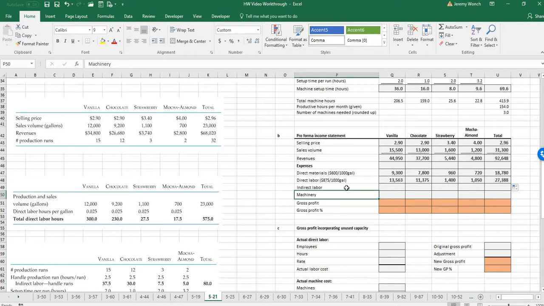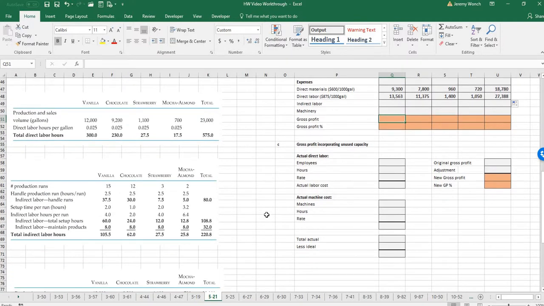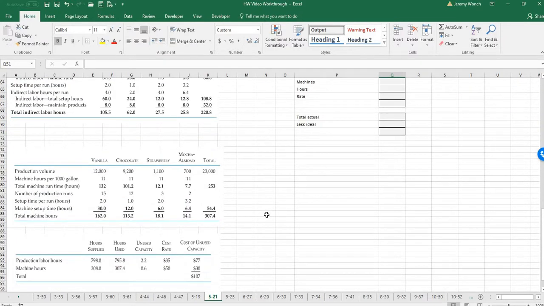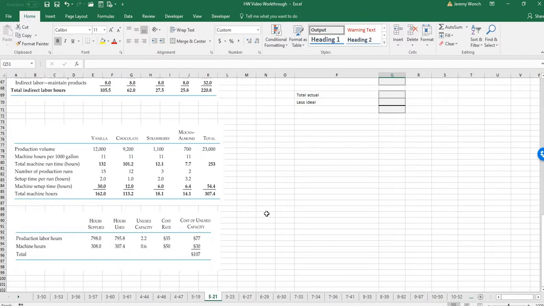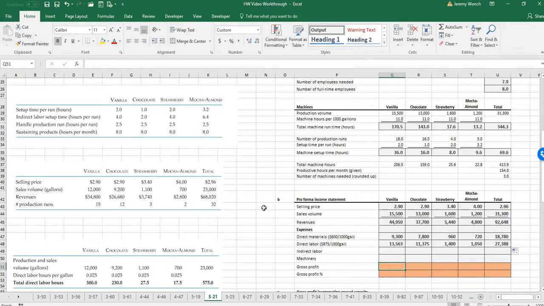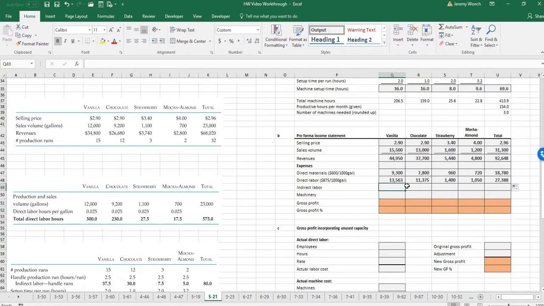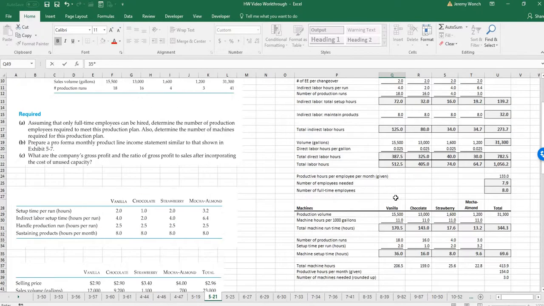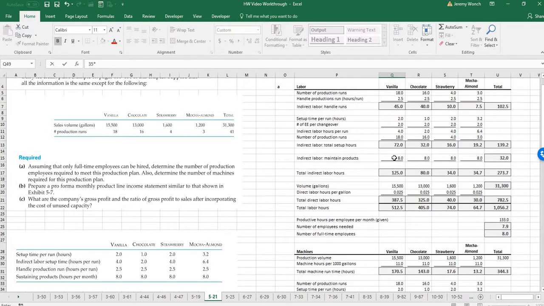And for our indirect labor, so it tells us in the problem here somewhere that the indirect labor rate, it might be in the text itself and not in a table. Anyway, it gives this to us at $35 per indirect labor hour. And so we know the total indirect labor hours are over here.